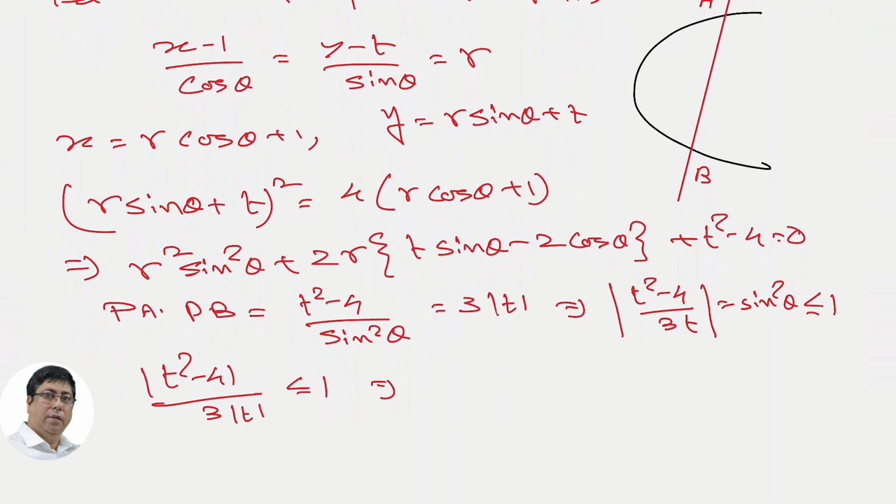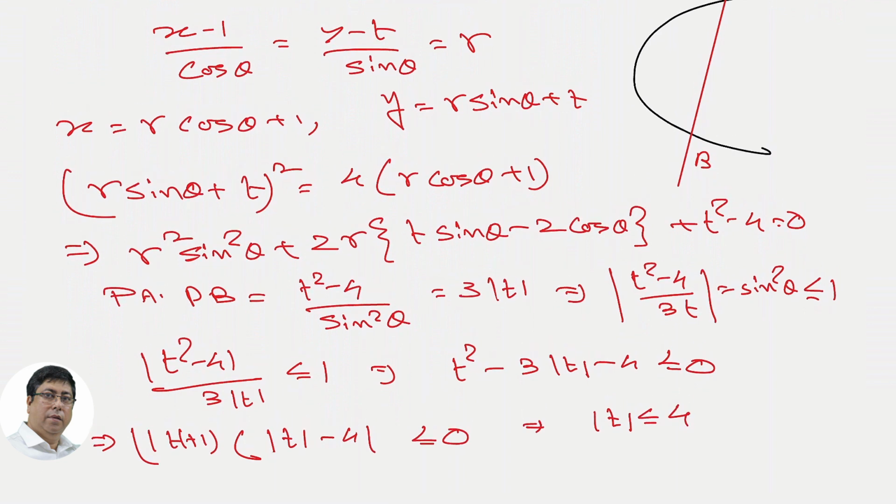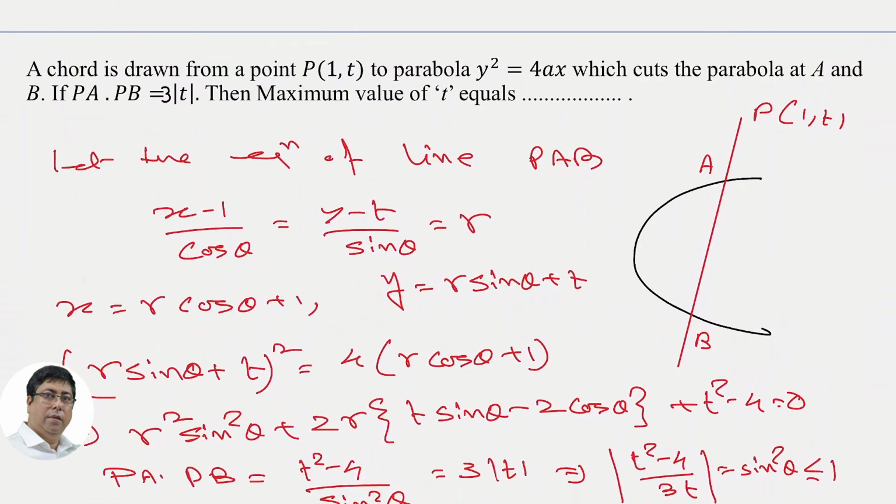So we can write this as t square minus 3 mod t minus 4 less than or equal to 0. Therefore, if we factorize, mod t plus 1 and mod t minus 4 less than or equal to 0. Mod t cannot be negative. Therefore, mod t less than or equal to 4. Therefore, this is the maximum value of it. So the answer is coming here 4.